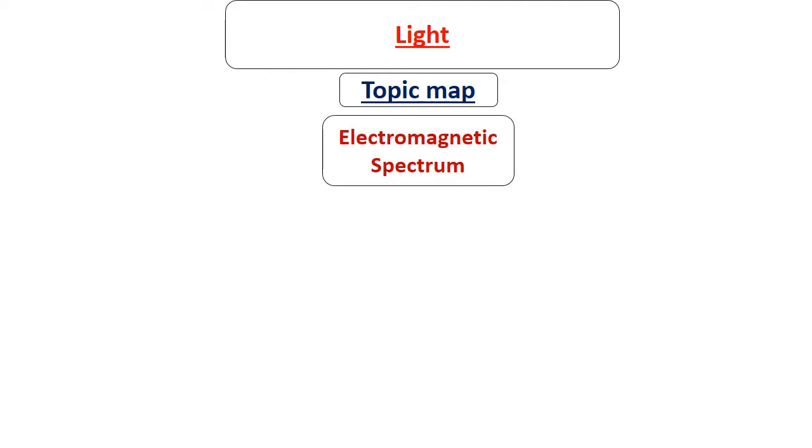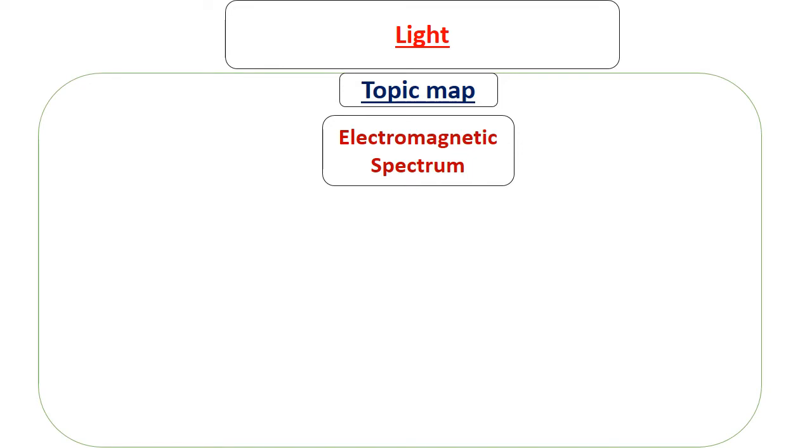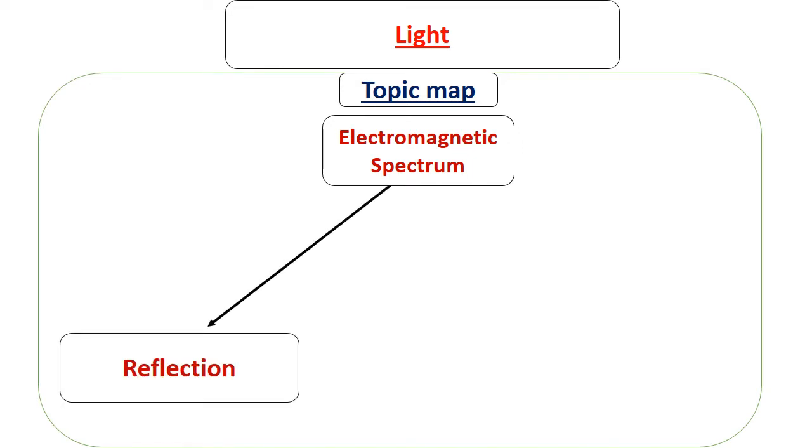With that being said, this lesson is going to be delivered in 3 videos. So in the first video, which is this one, we're going to take a look at what is called the electromagnetic spectrum. Then in the same video, we're also going to take a look at a property of light called reflection.